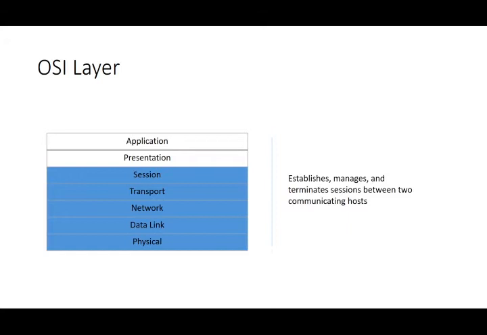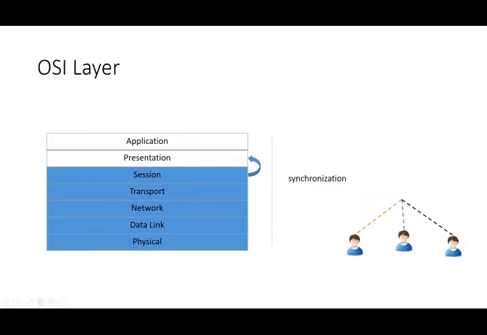Something has to keep track of which user communicates with which process, and that's what the session layer helps us to do. As we can see here, if we put some web server here, and these hosts are going to talk with it, then the session layer helps us to manage which process belongs to which session.